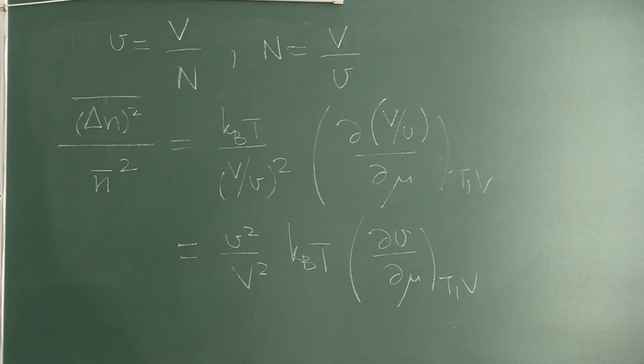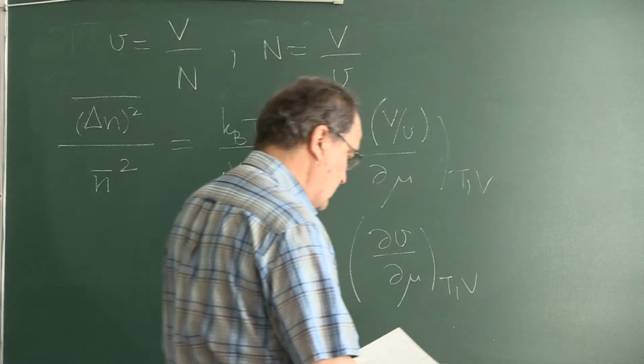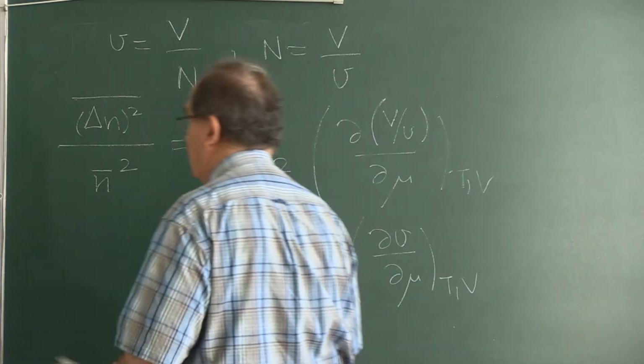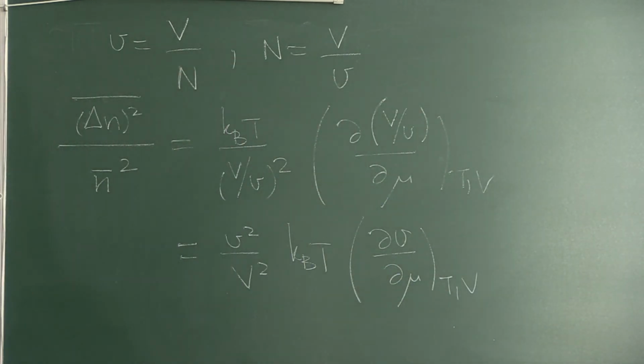To get to that response function, we have to see what dv d mu is using the following. Well, I'm really doing something very similar to what I did for the canonical ensemble for energy fluctuation.